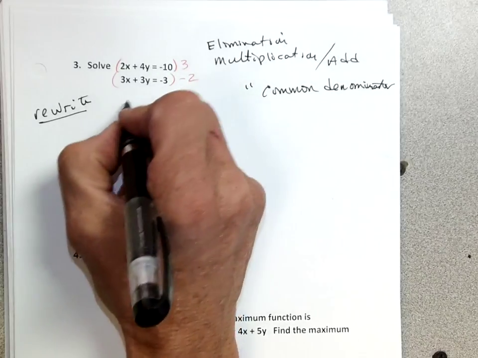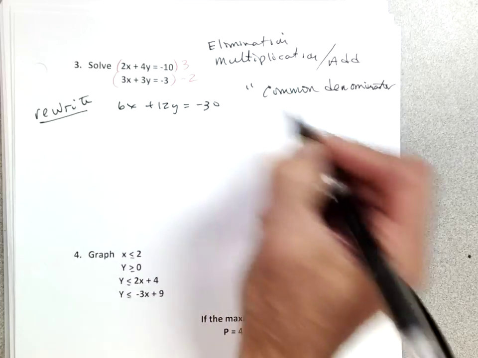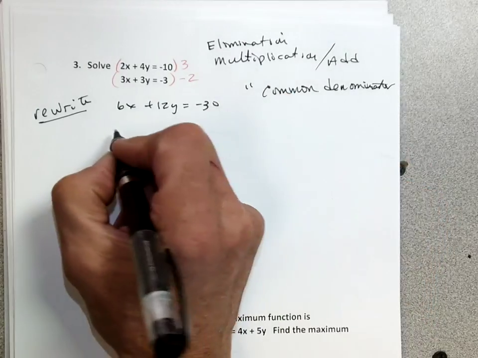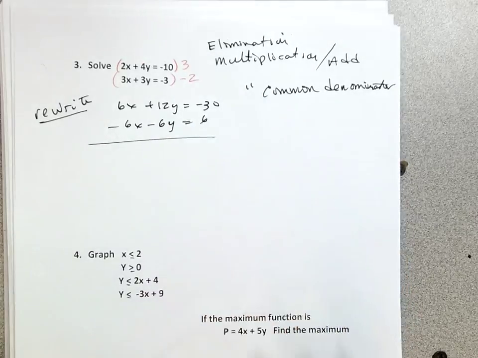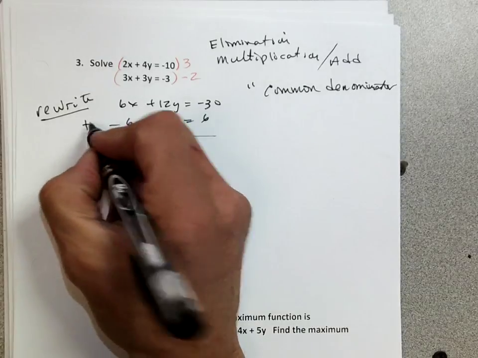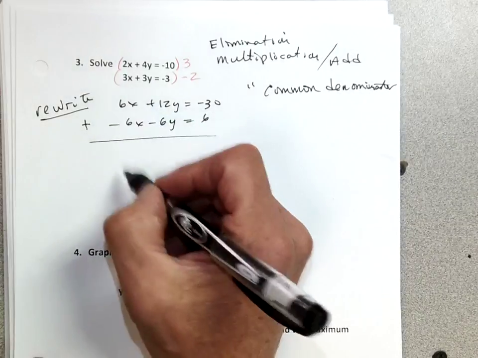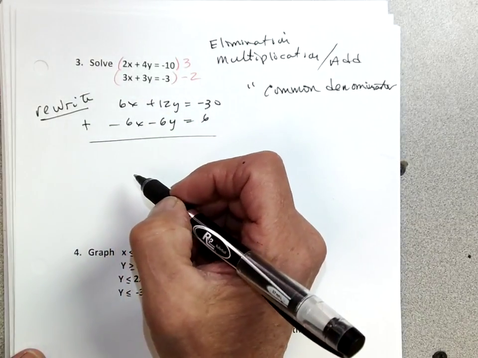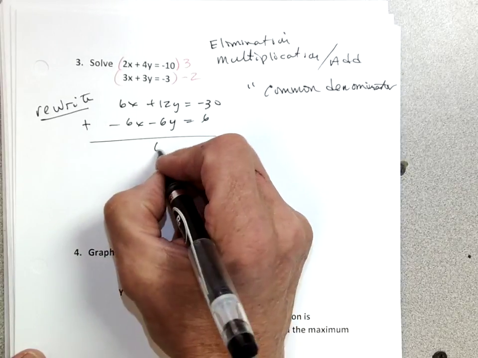If I rewrite, I'll have 6x plus 12y equals negative 30, and negative 6x minus 6y equals 6. Now the whole idea is that the x's are opposites, so if I add, the x's will disappear and I'll be left with y's. 12y and a negative 6y is 6y.